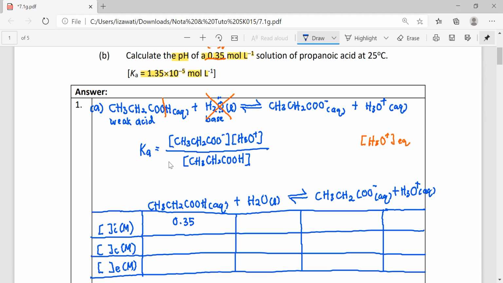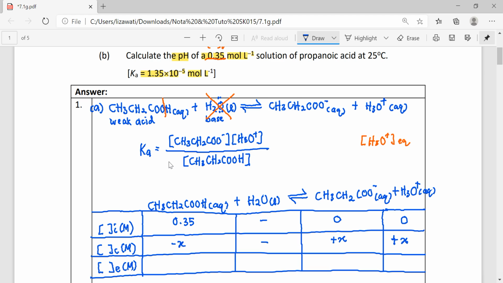As for H2O, which is a liquid, just write a dash. The concentration of the products is 0, not dissociated yet. For the changes, propanoic acid changes by negative X, H2O is a dash, and the products increase by positive X.